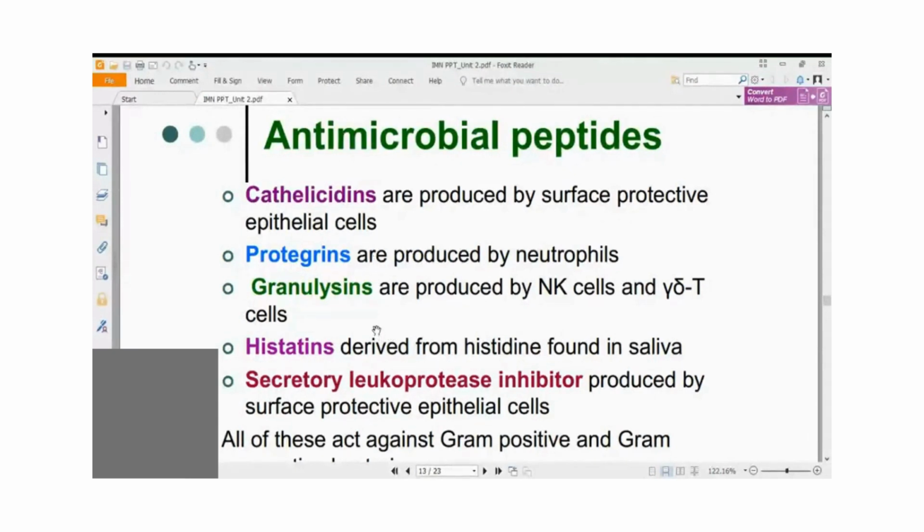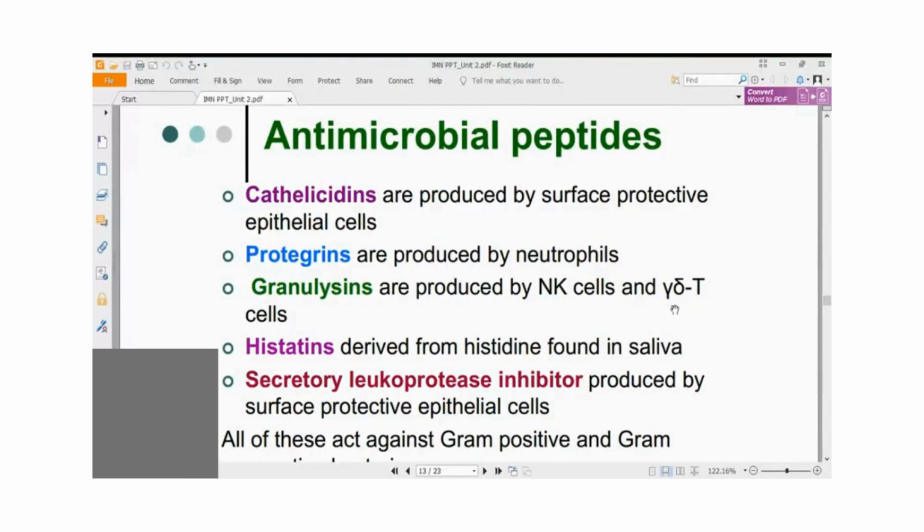Then comes another micropeptide called granulysin. The name comes from the fact that it is stored in the form of granules in the cytoplasm of NK cells, the short form for natural killer cells. We'll be talking about these natural killer cells in innate immunity later.